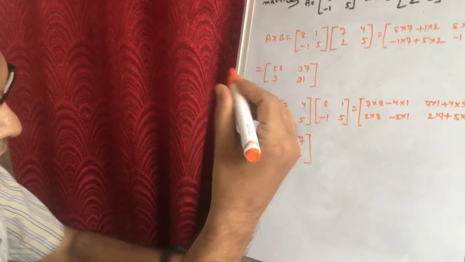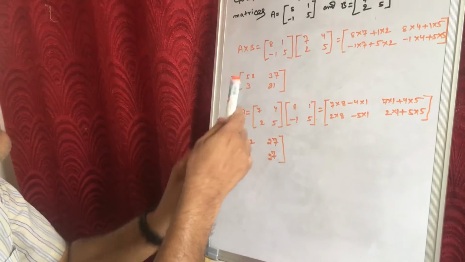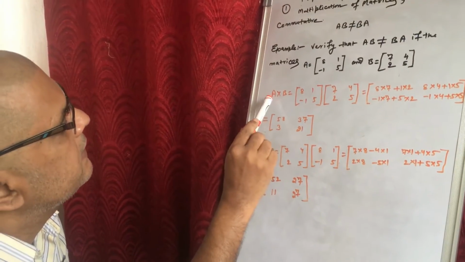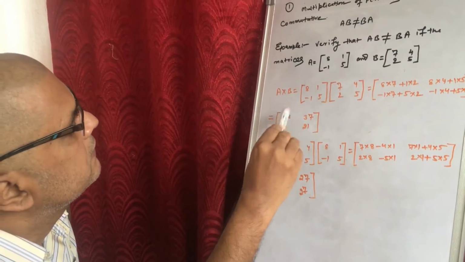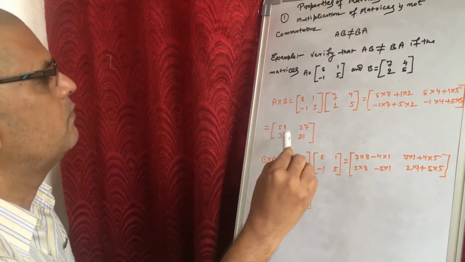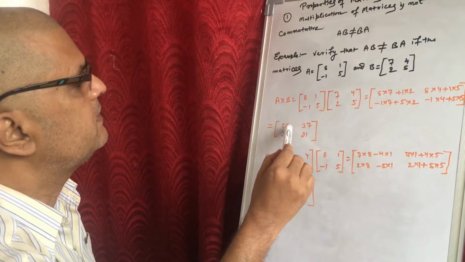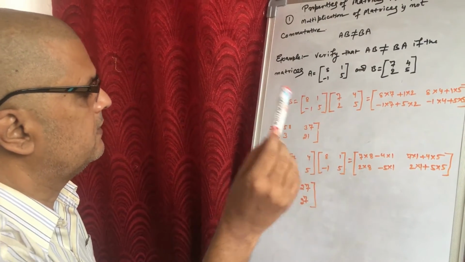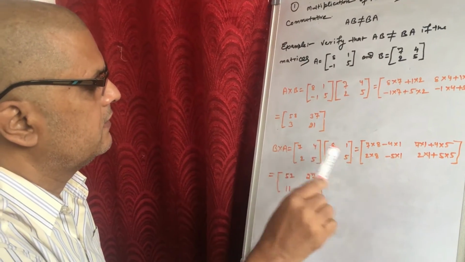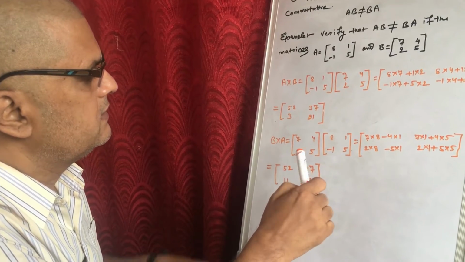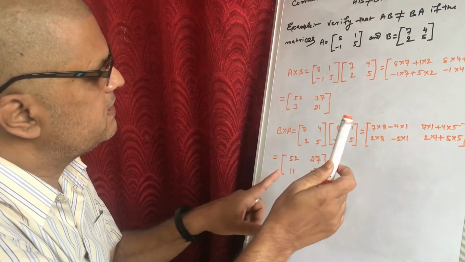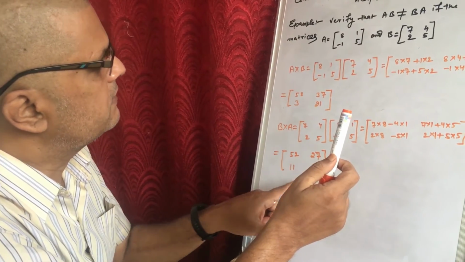Now I am seeing that A into B, the new matrix is having the elements 58, 3, 37, 21. B into A is another matrix having the elements 52, 27, 11, 27.